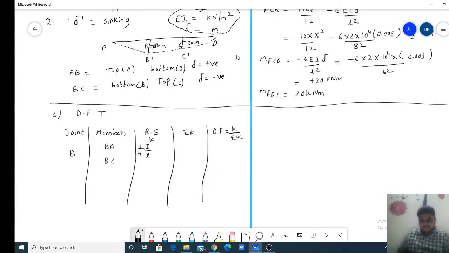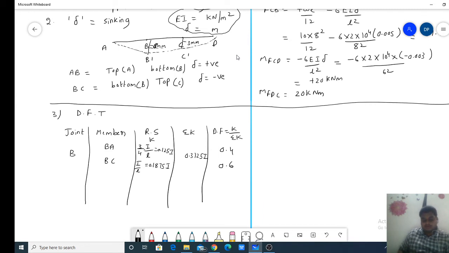So with respect to that, if I calculate, this comes out to be 0.125 I, right? And for BC, C is continuous, so this will be I upon L. So this comes out to be 0.1875 I. Now this summation will become 0.3125 I, right? Now if we calculate 0.125 upon 0.3125, this comes out to be 0.4 and the other comes out to be 0.6.